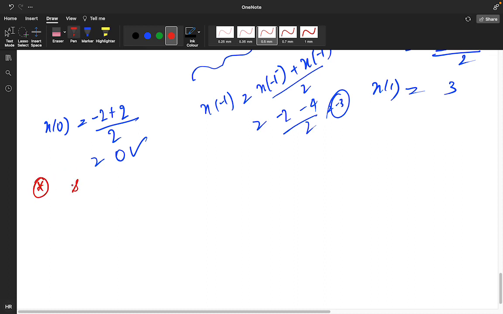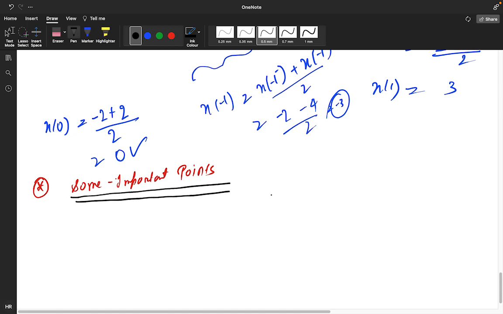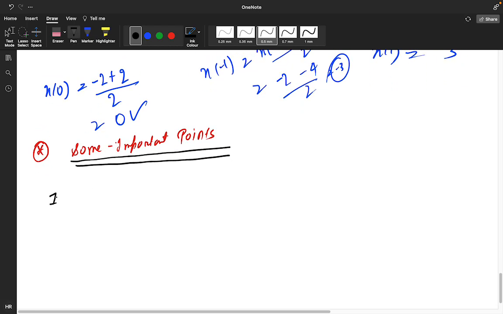Some important points. Write it down. If you multiply even into even, or divide even by even, whether you are multiplying or dividing, the result will be even only.